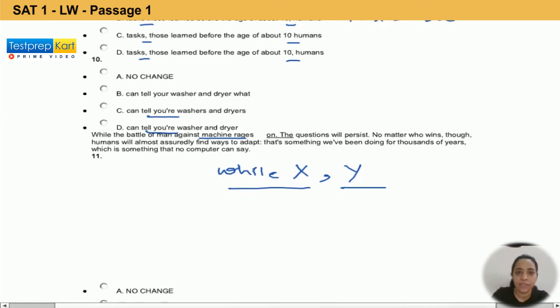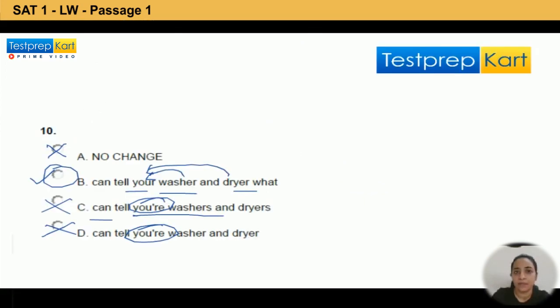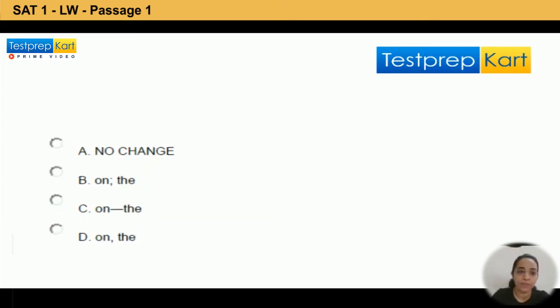The first one has a full stop. When do we use full stop? By now you should be clear. We use full stop when the first part is complete. Is this complete? Ask yourself. While the battle of a man against machine rages on, while this happens, then what, right? So we are asking after this what? So we cannot use full stop here because the first part is not complete.